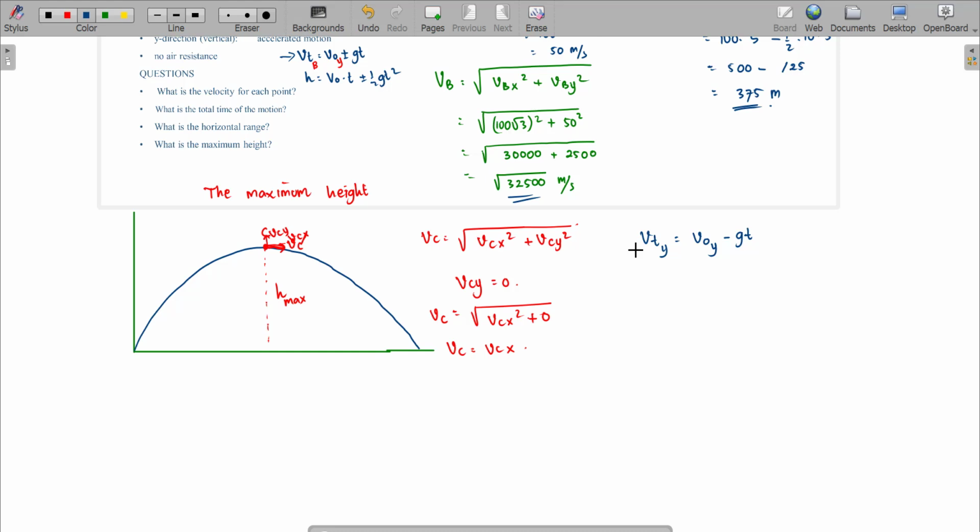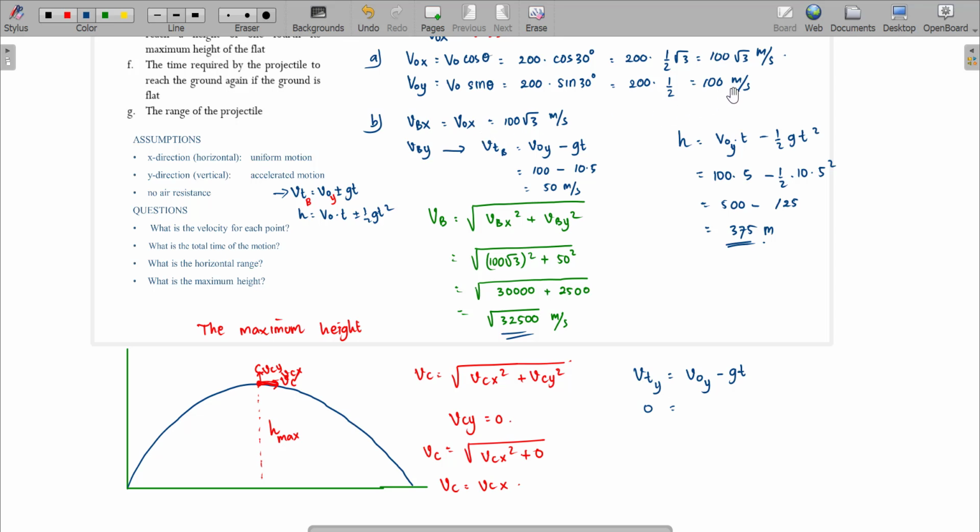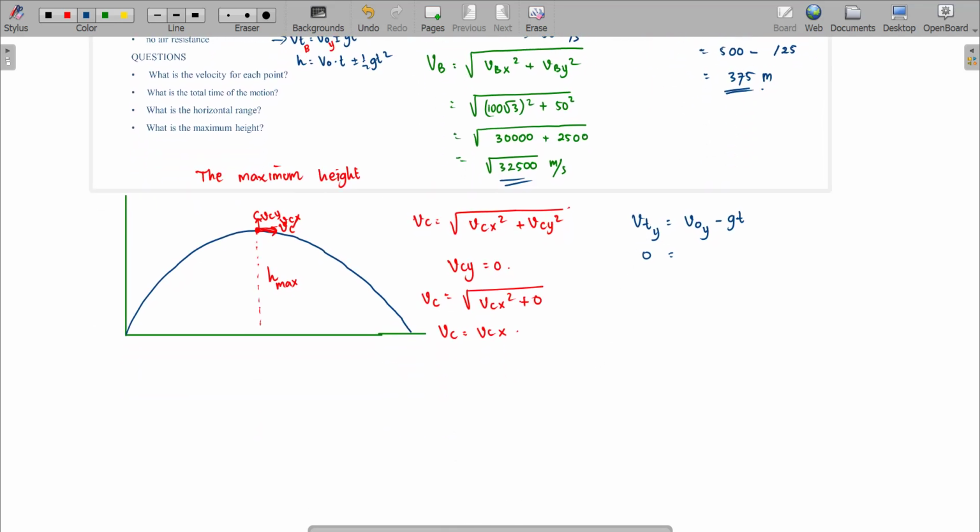So final velocity in the y-axis must be 0, and initial velocity in the y-axis is 100 minus gravity 10 times time, we are looking for the time. So time is 100 divided by 10 is 10 seconds. So for reaching the maximum height, we need 10 seconds.